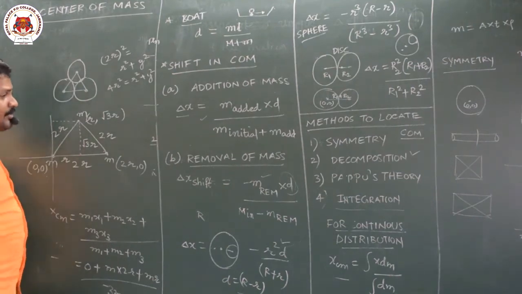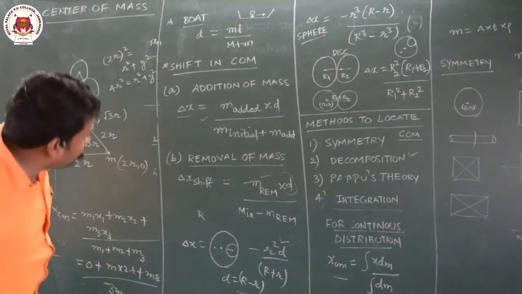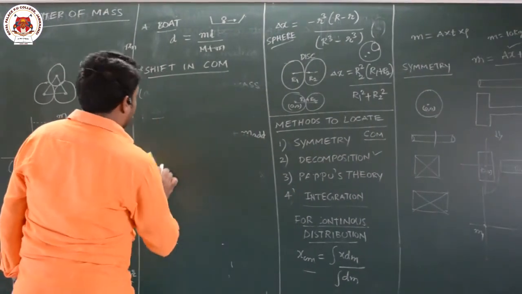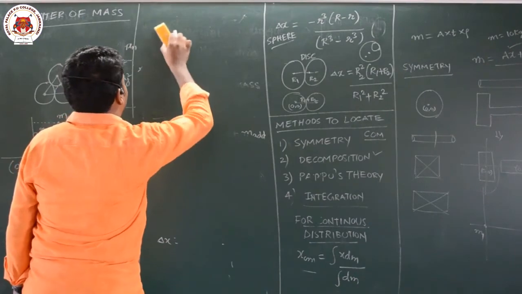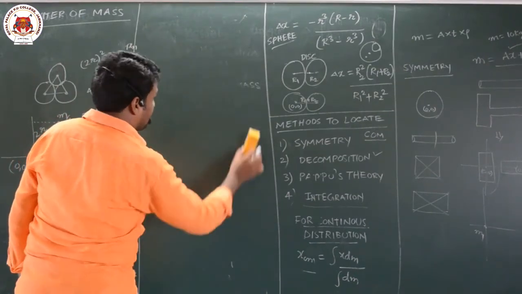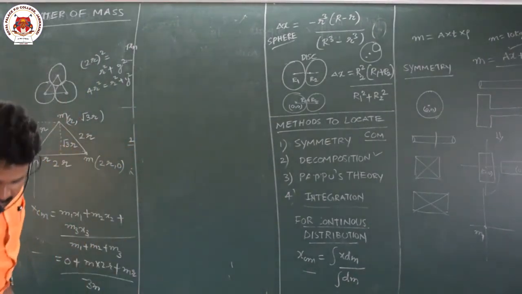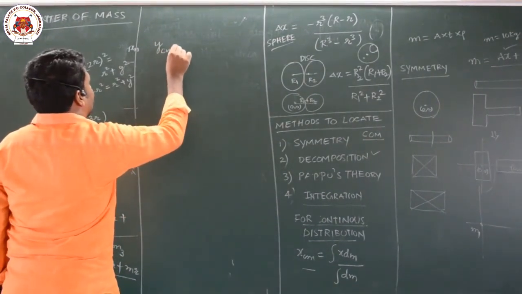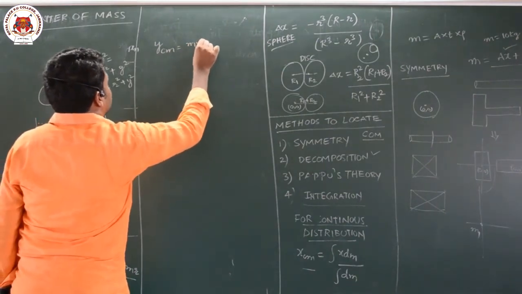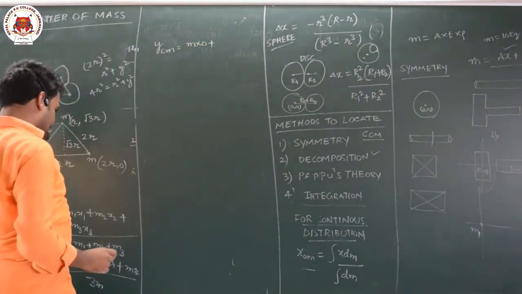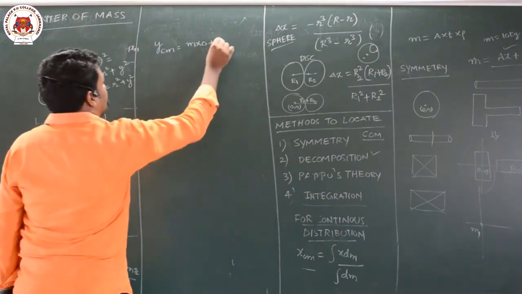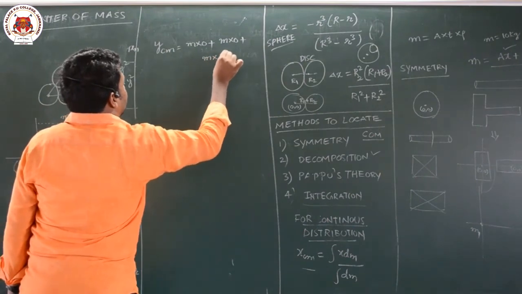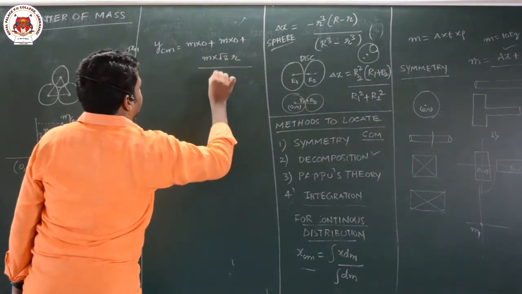Then similarly you can calculate ycm. You can calculate ycm and then you can locate the center of mass. Ycm is equal to m into 0 plus m into 0 plus m into root 3 r, by 3m.